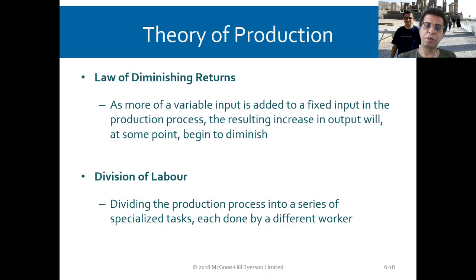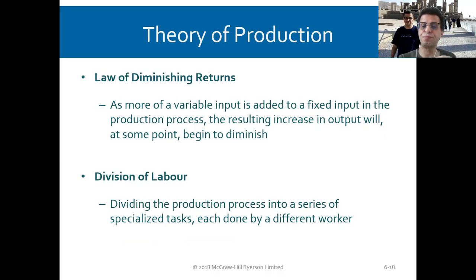Then what we have is the law of diminishing returns. As more of a variable input is added to a fixed input in the production process, the resulting increase in the output will at some point begin to diminish.